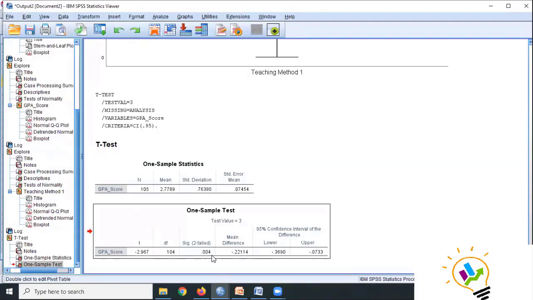Okay, sir. It means there is a difference between true value and test value. True value is 2.77, test value is 3. There is a significant difference between the true mean and this test value.